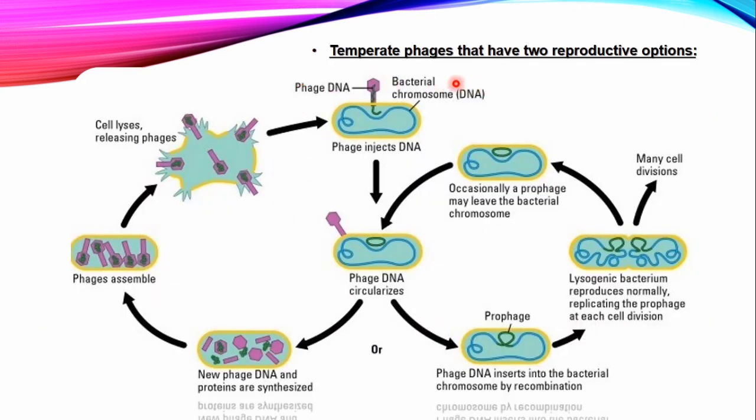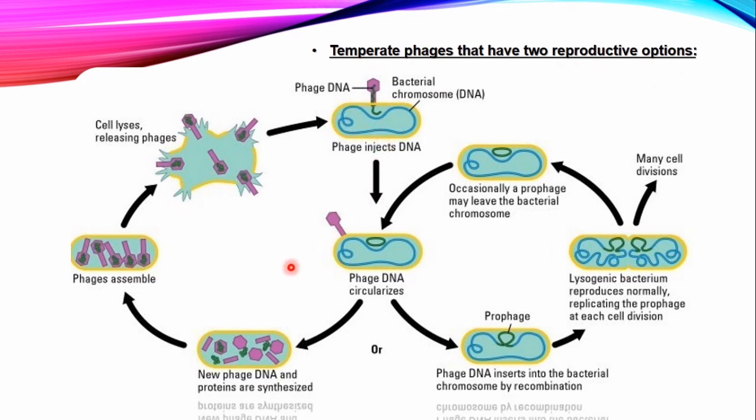Now the temperate phage: this is how the temperate phage chooses and divides its genetic material. Temperate phages have two reproductive options.